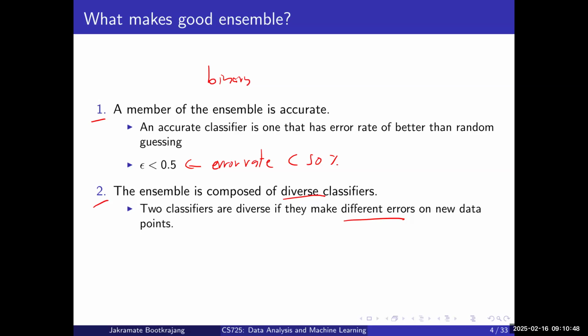Because if one classifier is very accurate, there's no point in getting more classifiers to make a group. So those are the two main points for an ensemble to be good.